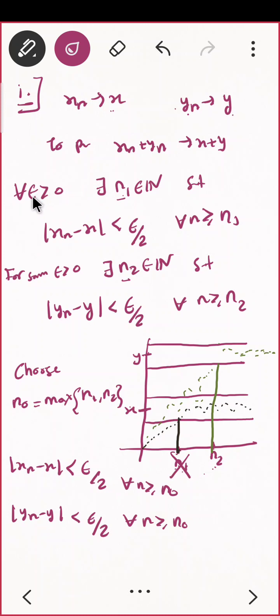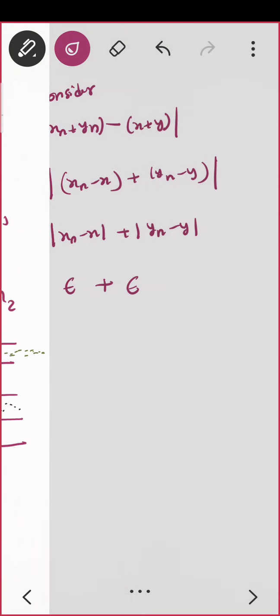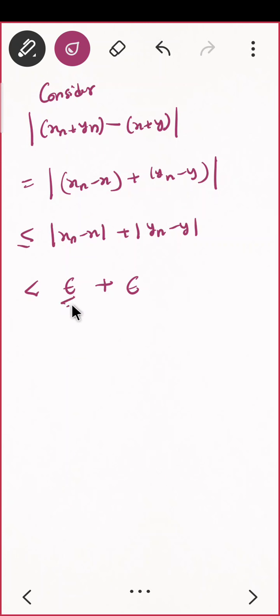That means for all epsilon positive, epsilon by 2 is also positive. So I am writing this definition where my epsilon is epsilon by 2. Here also epsilon is epsilon by 2. This will help me to make a shape of final answer, correct? Now here this is my epsilon by 2, this is also epsilon by 2, so that is less than epsilon.